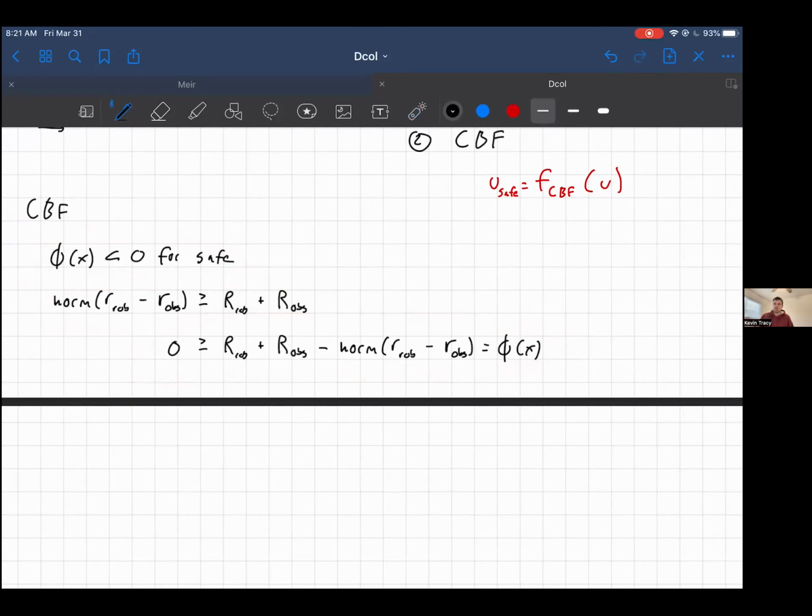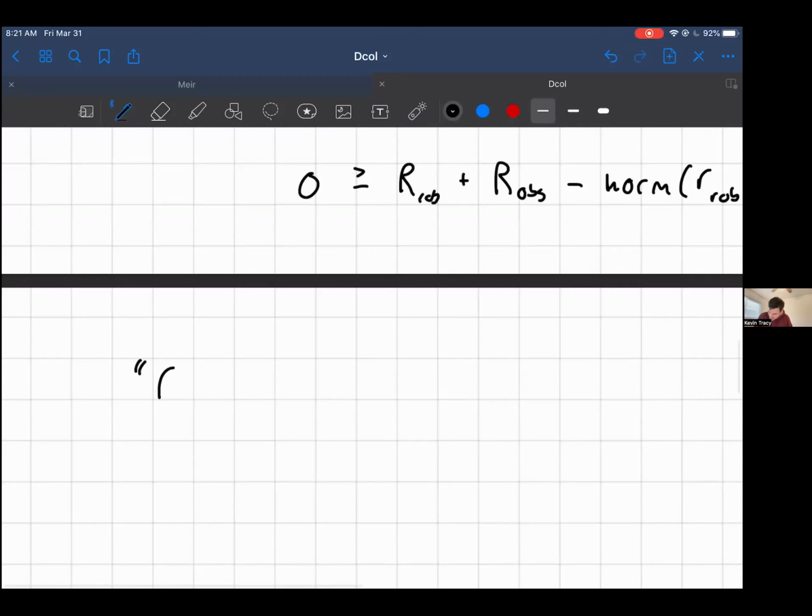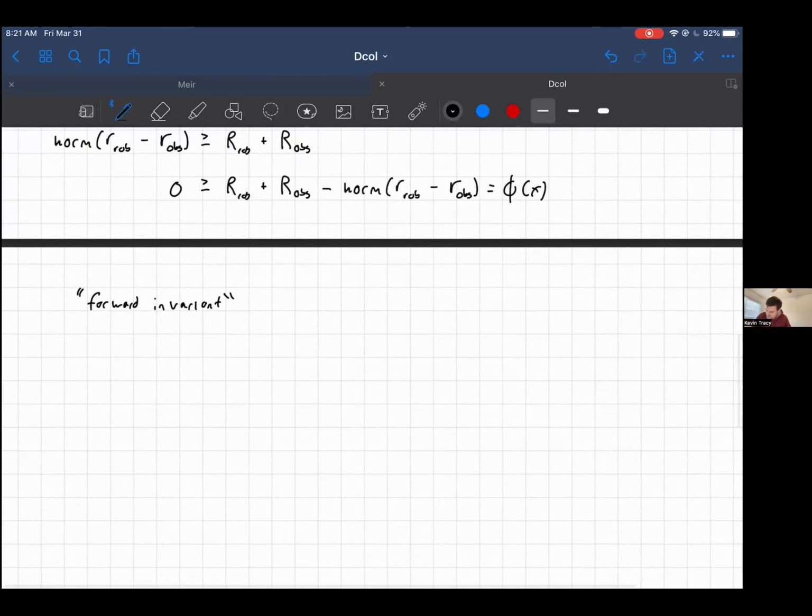Then we think about what we have to do for a controller to make sure that all the trajectories stay inside this safe region. The buzzword that you'll see is forward invariant. What forward invariant just means is that I have a set, here's unsafe, and I have some safe set.